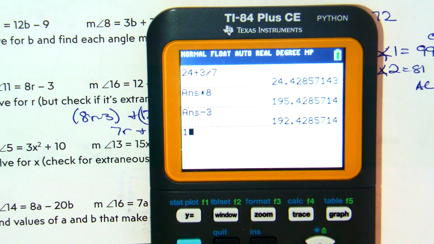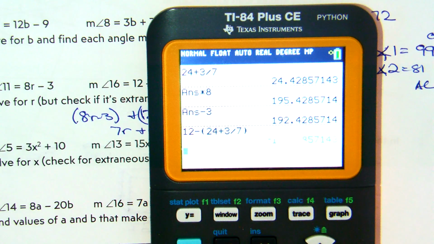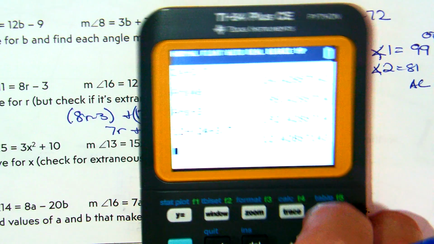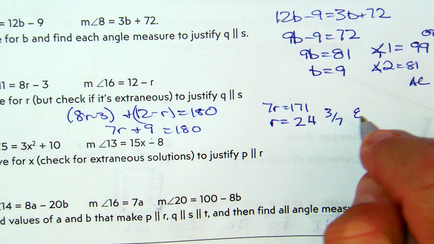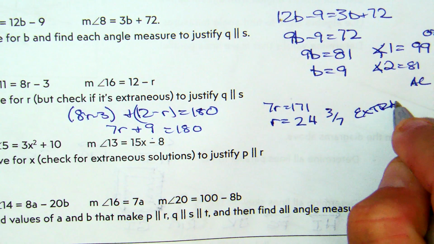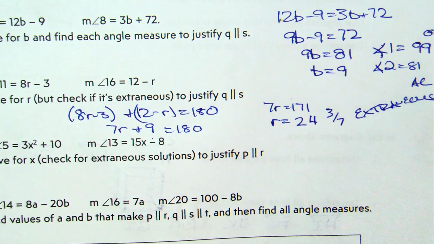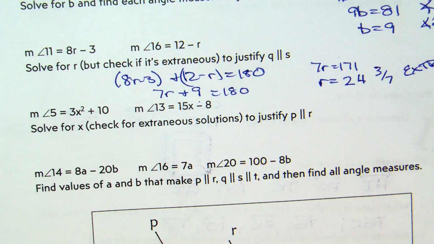So now I do 12 minus 24 plus 3 divided by 7, and oh, look at that, I get a negative number. So that means that 24 and 3/7 is extraneous. So that one is an example of one that has no solution.